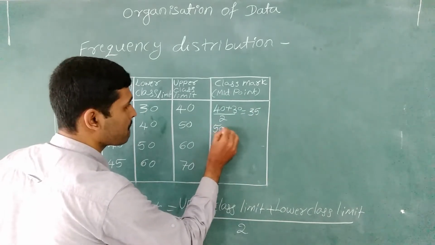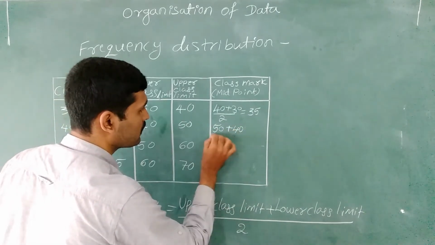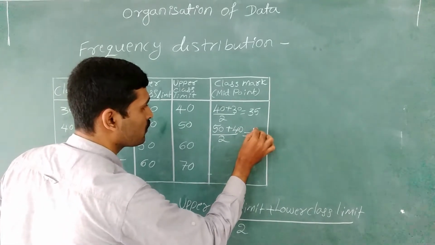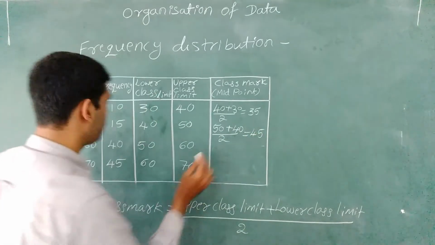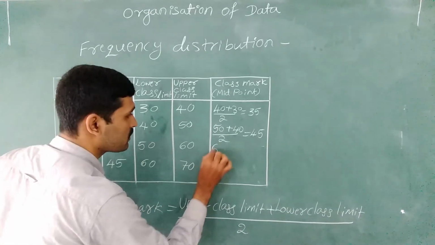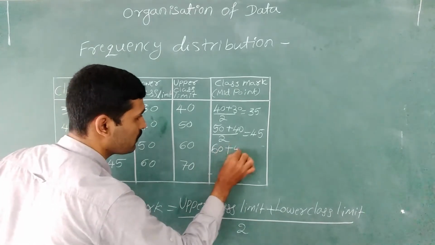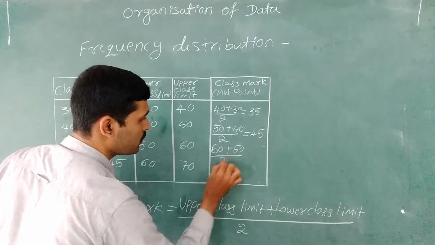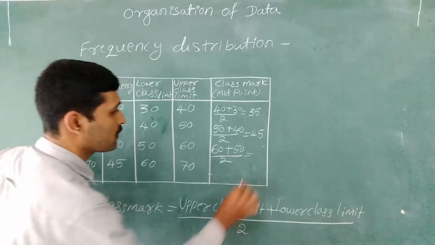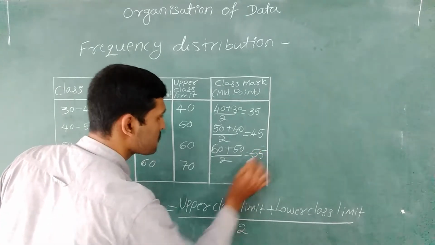50 plus 40 divided by 2 is equal to 45. Here 60 plus 50 divided by 2 is equal to 55.